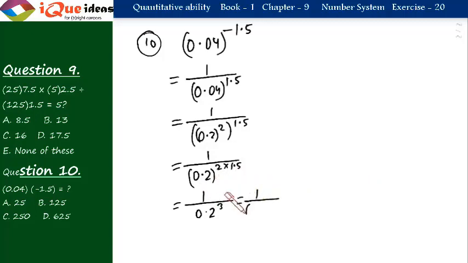Now this is 1 upon 0.008, 0.2 into 0.2 into 0.2. That is 0.008, which is 1000 divided by 8. Now if you remove the decimal, you will get 3 zeros in the numerator. So 1000 by 8 would be equal to 125. So the answer of the question is 125. Okay.